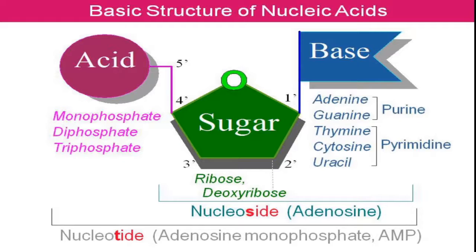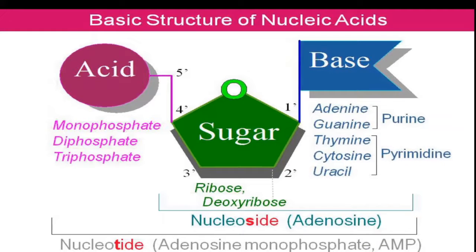There are two types of sugar present in the nucleotide: one is ribose and the other is deoxyribose. So based on the type of sugar present in the nucleotide structure, the nucleic acids are categorized into DNA and RNA. DNA contains deoxyribose sugar, whereas RNA contains ribose as the pentose sugar in the structure of the nucleotide.